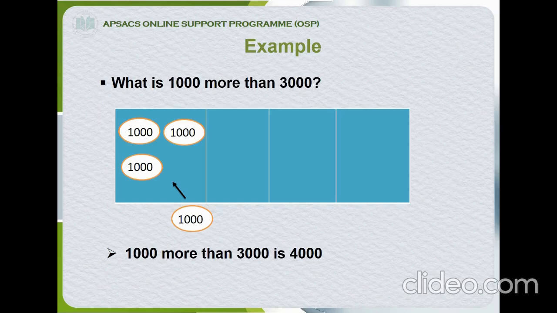In the 1000 place I have 3000 first, so I make 3000 discs first. Now I am going to add 1000 more in the 1000 column, and if we add 1000 more to 3000, it becomes 4000.